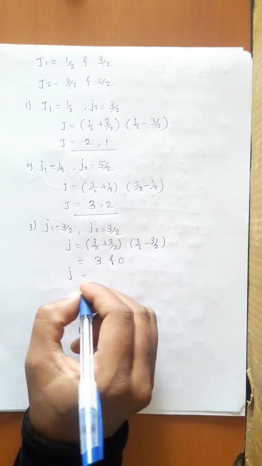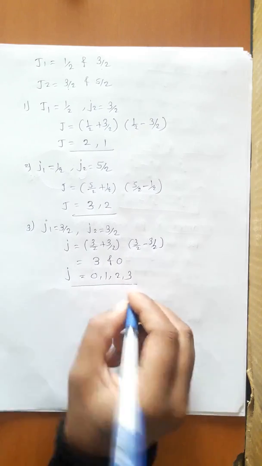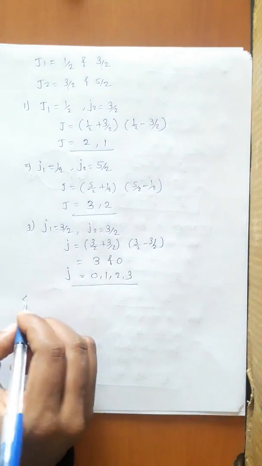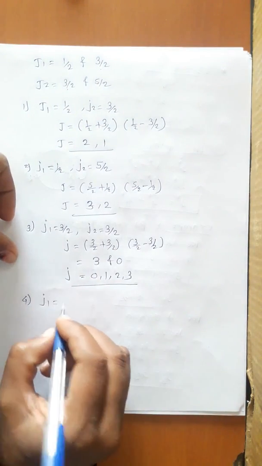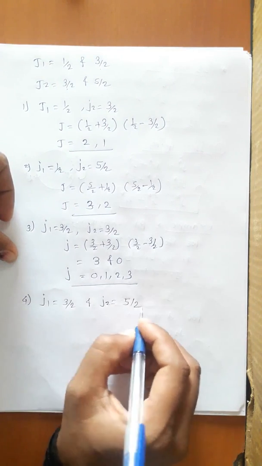Therefore the total terms are 0, 1, 2 and 3. Then J1 is equal to 3/2 and J2 is equal to 5/2.